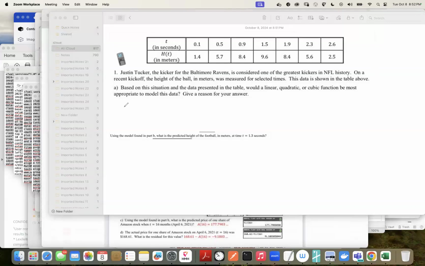After getting these values, h of t is given by minus 4.915 x squared plus 13.714 x plus 0.0696. Now, what is the predicted height of the football at 1.3? I really want you guys to tell me what this is.